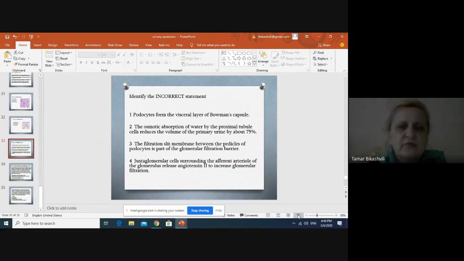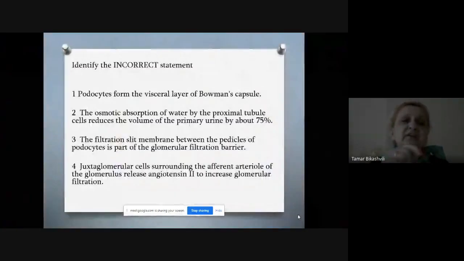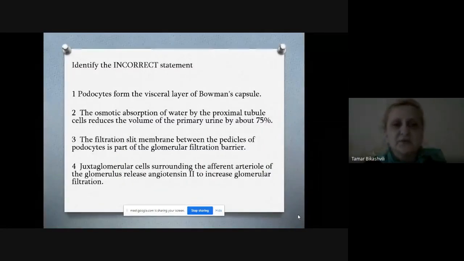Now you have to find the incorrect statement. The podocytes form the visceral layer of Bowman's capsule. The osmotic absorption of water by the proximal tubule cells reduces the volume of the primary urine by about 75%. The filtration slit membrane between the pedicels of podocytes is part of the glomerular filtration barrier, and juxtaglomerular cells surrounding the afferent arteriole of the glomerulus release angiotensin II to increase glomerular filtration.